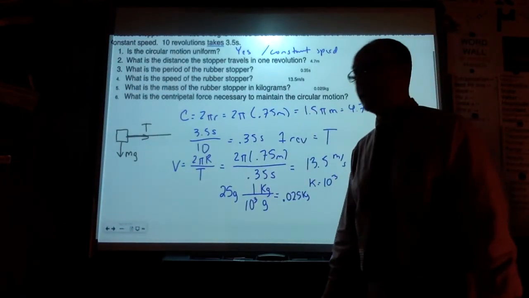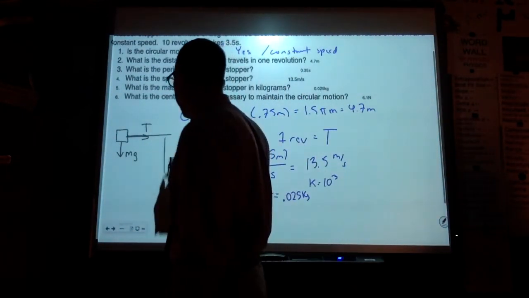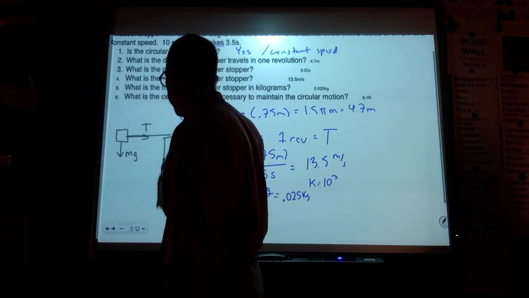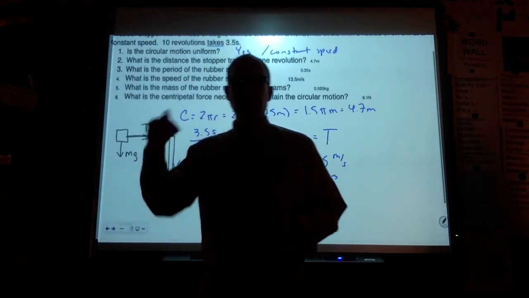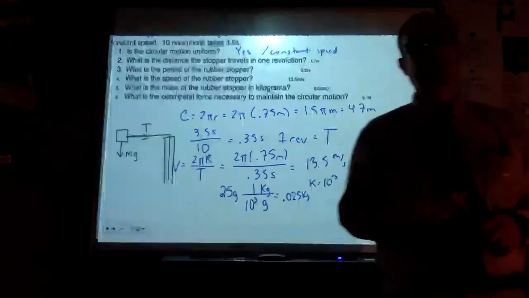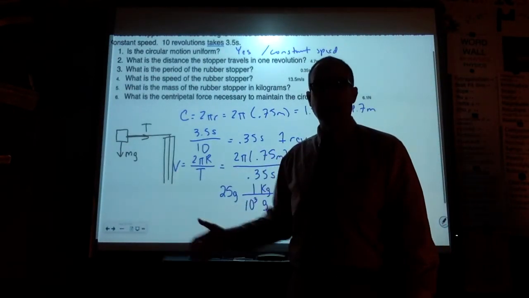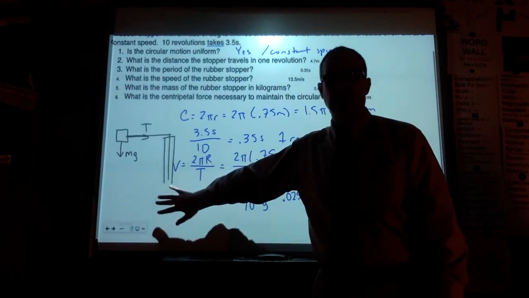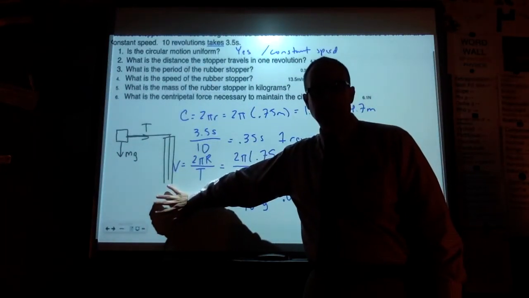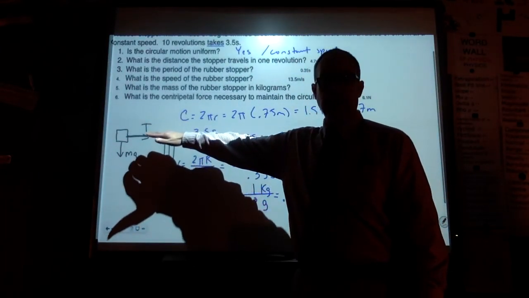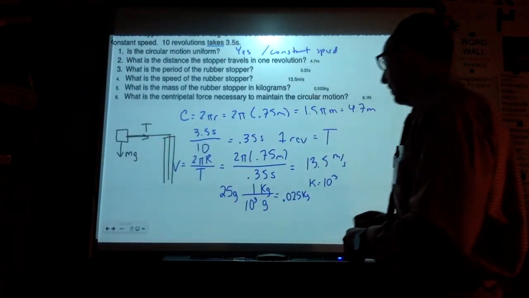That's our free body diagram for us. For our lab, we're going to have a glass tube that the string goes down. And the glass tube is smooth, so it makes it like a frictionless surface. And we're going to hang a mass from the bottom that we're going to suspend. So we have an F net equals 0 down here, and we have an F net equals mv squared over r up there.